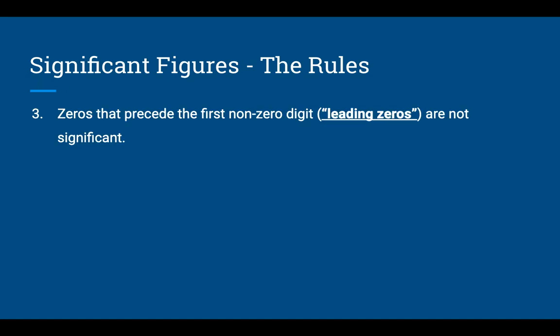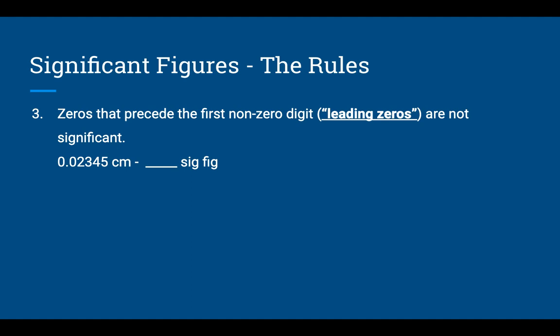The next type of zero are leading zeros. These are zeros that come before, precede, the first non-zero digit, and these are not significant. So 0.02345 centimeters.